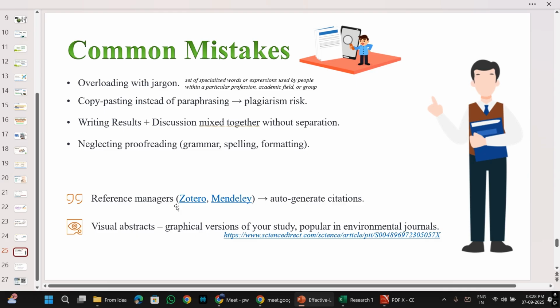Use Zotero, use Mendeley, whichever you feel is good to your eyes. Find that all are equally good. They also help you in auto-generating citations. You just have to click, okay, this is the author, and then the suggestions will pop up. So side by side, even your reference list will get populated. There are an enormous number of videos on how to use these citation managers.